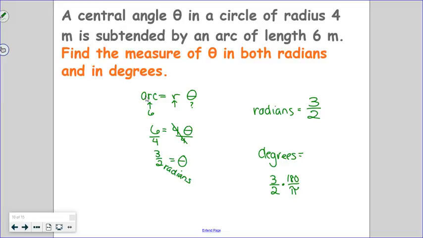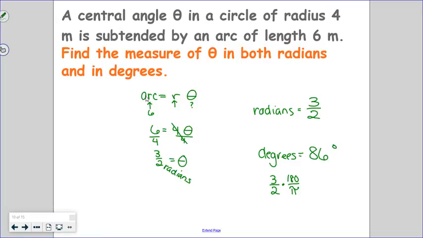Round to our nearest tenth. Kenzie, when you have that typed in, I'll take that from you. 85.9, 86.